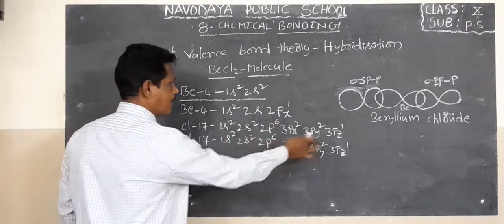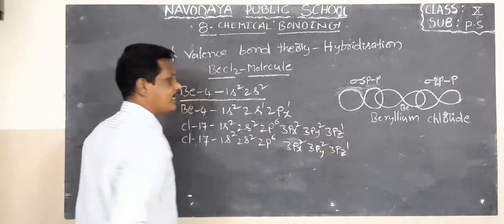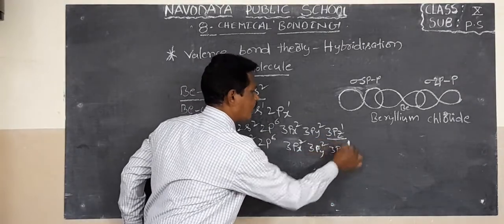The 2s orbital of beryllium overlaps with the 3pz orbital of one chlorine atom.